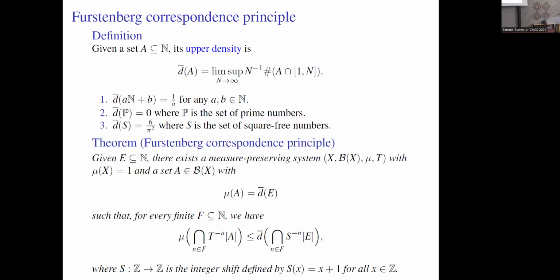Here there is a similar result, that the set of integers in this sense dominates any other measure preserving system. In this context, the counting measure is not good because it is an infinite measure, but it can be replaced with this upper density.